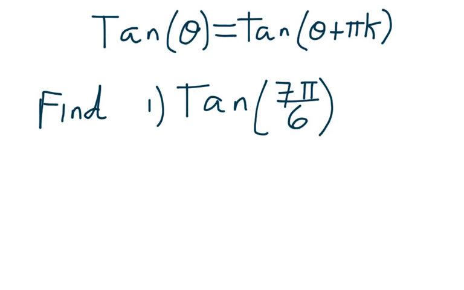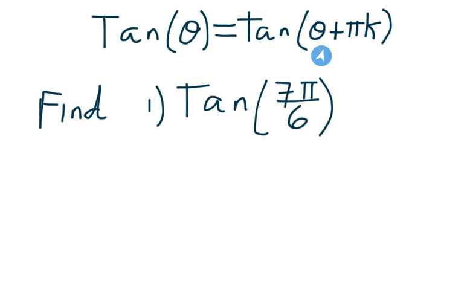Okay, so in the last video, if you remember, I said that tangent is periodic as well. Its period, though, is pi. So because its period is pi, that actually tells us that if you take any angle theta and you do tangent of theta plus pi times k, k is any integer out there, that's not going to change the output.